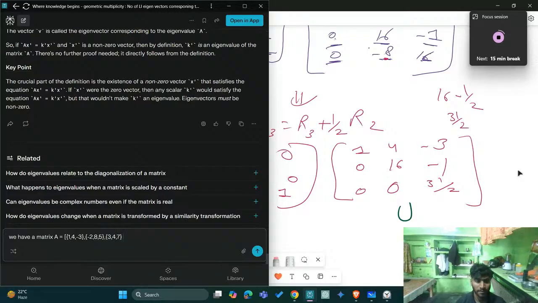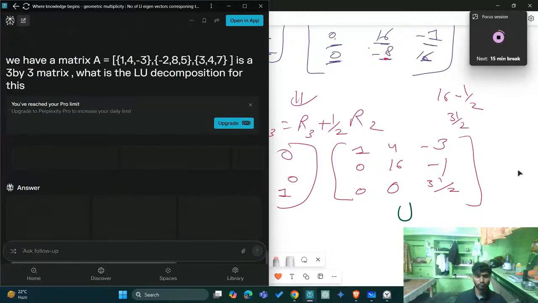So we have this matrix, a 3 by 3 matrix. What is the LU decomposition for this?